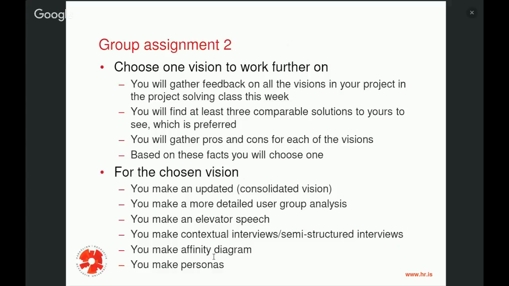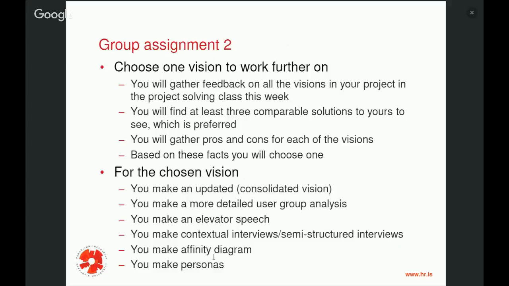You are making interviews with people to understand their uses and understand if you have understood this the right way. And you make an affinity diagram based on the results from the interviews. And these interviews are contextual.